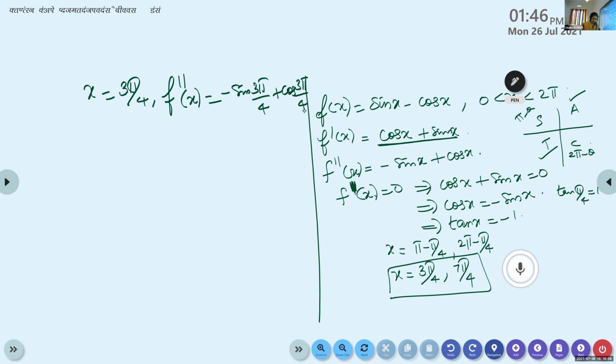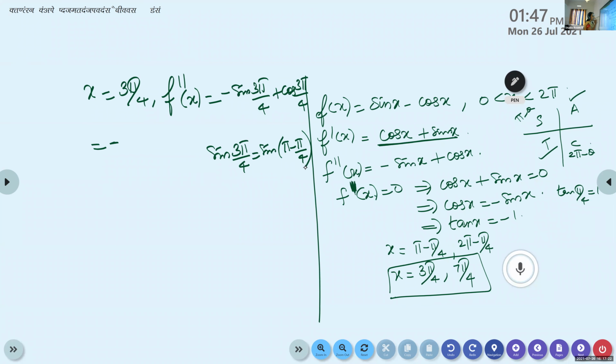So what is the value of sine 3 pi by 4? How will you calculate this? It is the same as sine of pi minus pi by 4. If you take the LCM, you can get 4 pi minus pi.